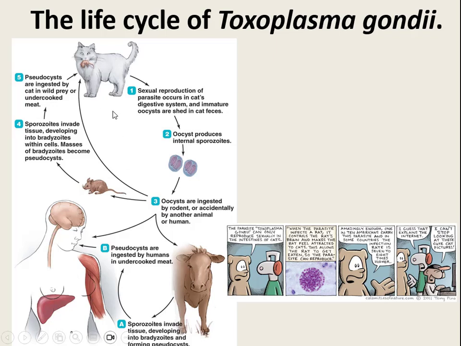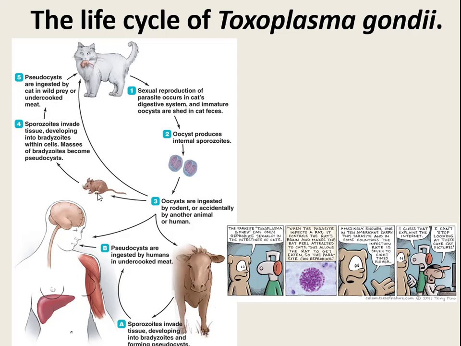So what normally happens, we're going to start with a cat that was infected. It shed this cyst in fecal matter, and on a farm, cats are just going to go poop anywhere. As mice scurry around eating things on the ground, they pick up the cysts. But an interesting part is once a mouse picks up the cysts, an infected mouse will actually change its behavior and lose its fear response.